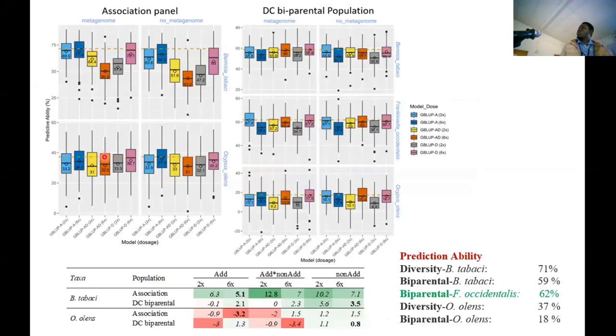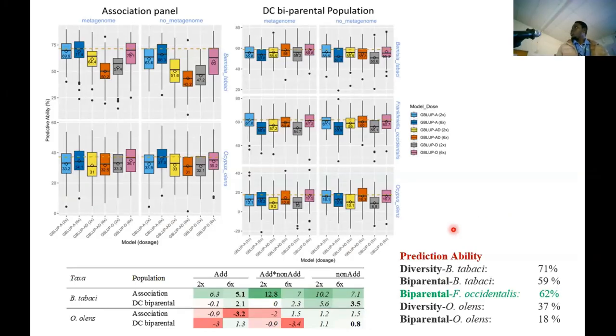So we also do genomic prediction using metagenome as a covariate for the two populations. We realized that using metagenome as a covariate really helps in the prediction for Bemisia, which is a sweet potato pest.